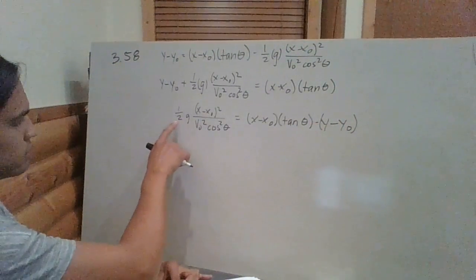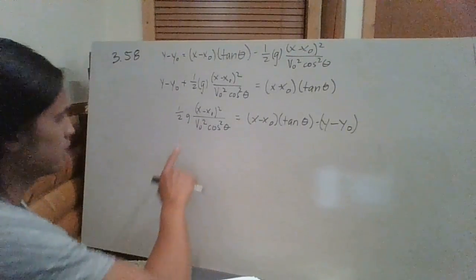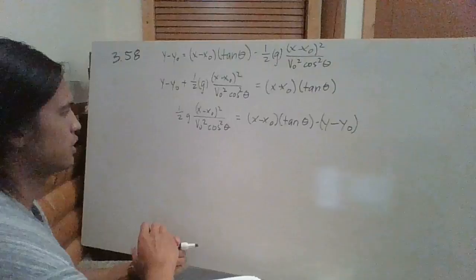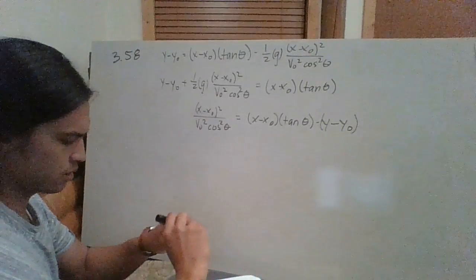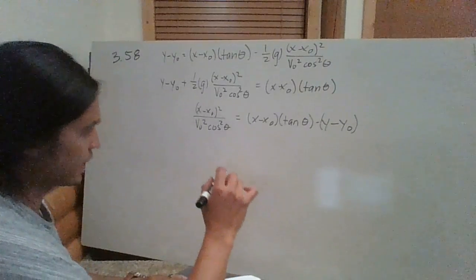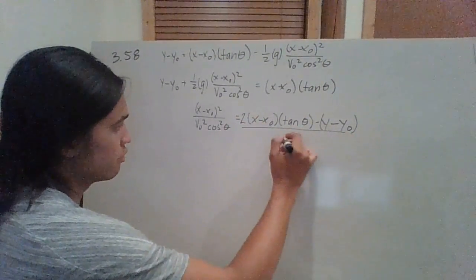Then multiply this across, so we'll have 2 over g.